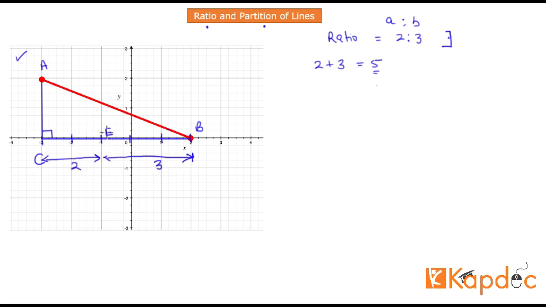Now what we will do is, from this point E, we will simply create a perpendicular such that it intersects with the line segment AB, and that intersection will happen at point D in this case. So what you have obtained so far is a line DE, and that line is parallel to the line segment AC.